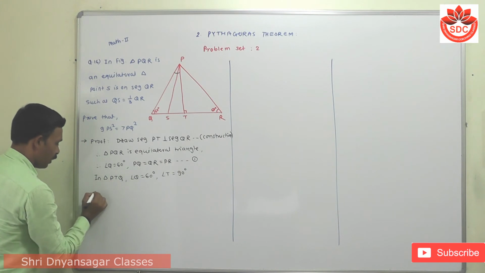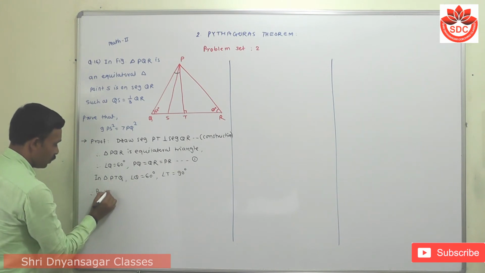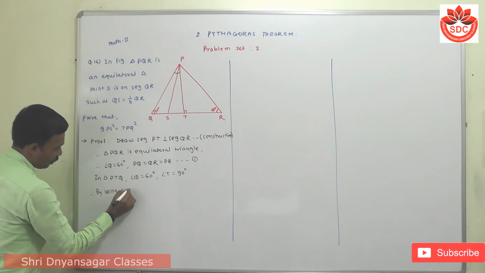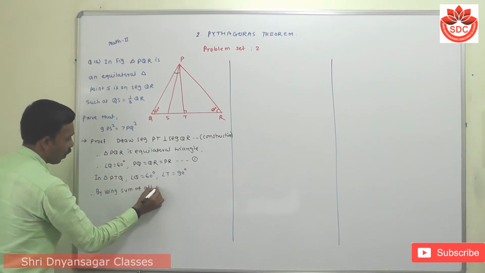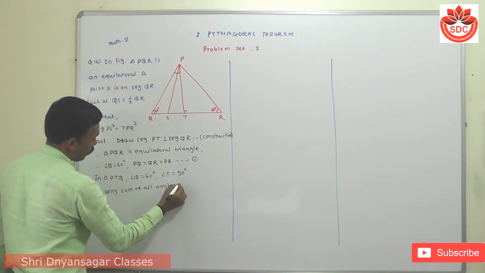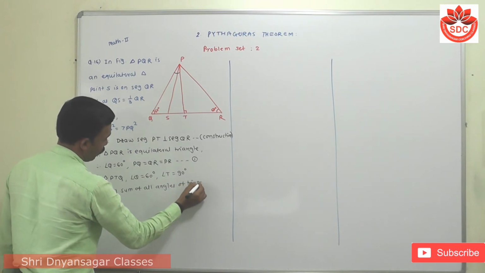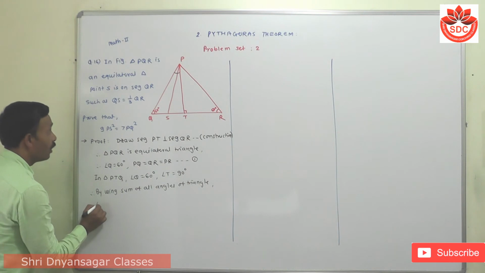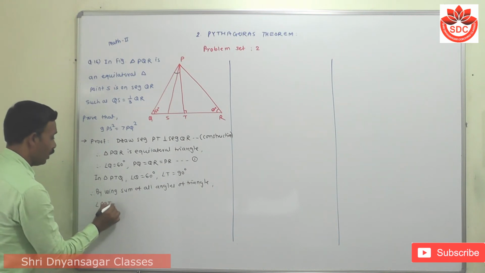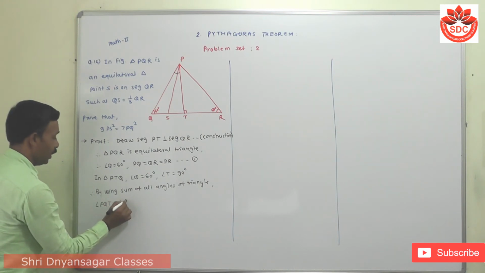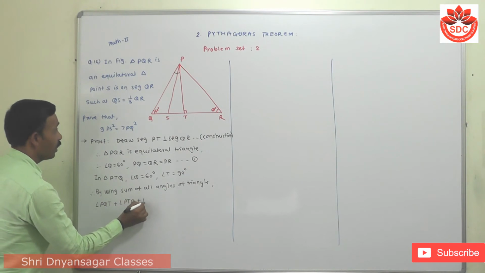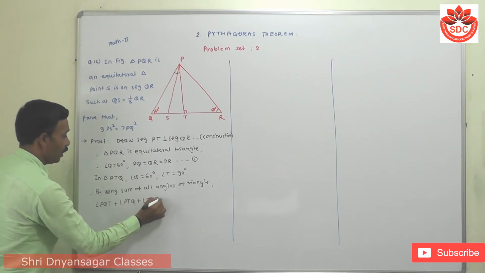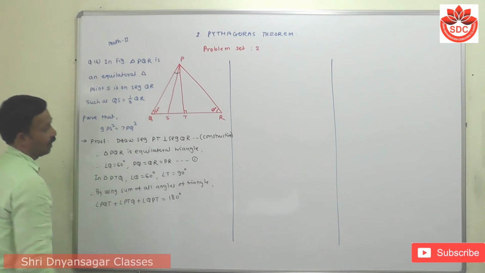Therefore, first I will write here, by using the sum of all angles of a triangle theorem, angle PQT plus angle PTQ plus angle QPT is equal to 180.